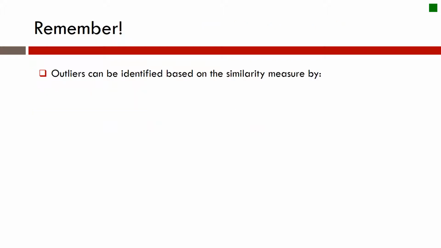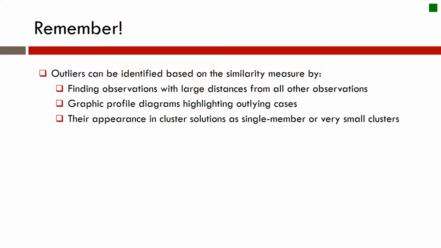And finally, as we move forward, remember outliers can be problematic. Outliers may be individuals after running the cluster that are very far from a center or very distant from others within a cluster. We can use graphic profiling diagrams, the profiling diagram or the dendrogram, to look at identifying some of these outliers.